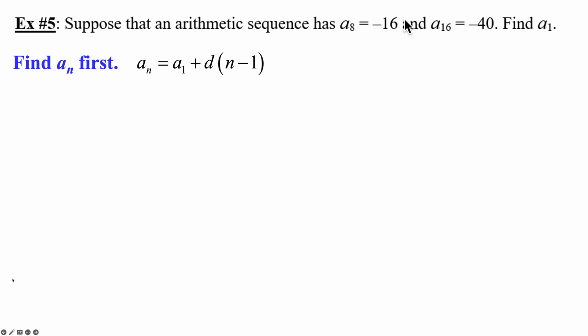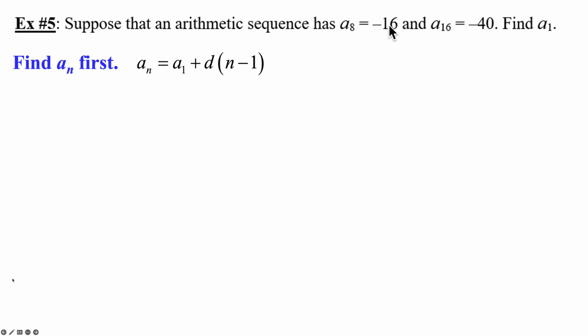So, wait a minute. I got it. Start with the 8th term, -16. And then I'm going to try to get to -40. Well, 8th term to the 16th term, that's 8 terms apart from each other.